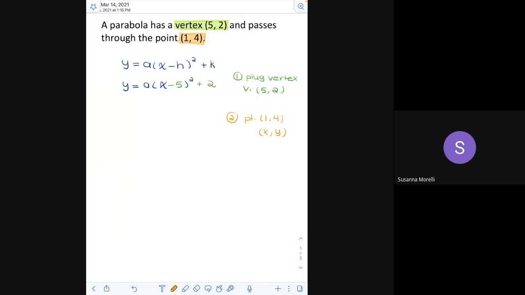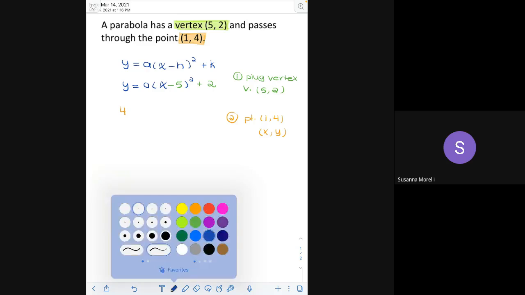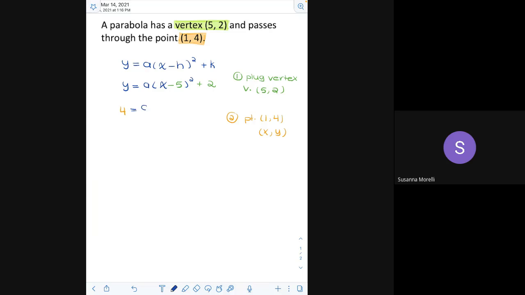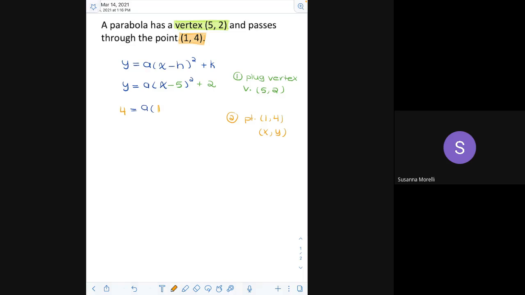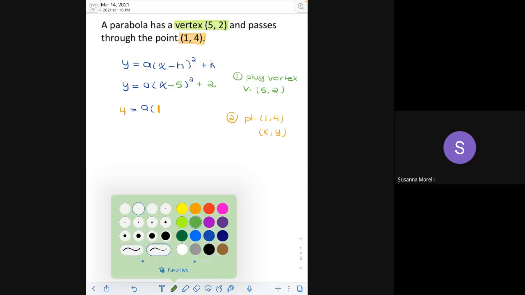So there's y, we plug in 4, and x, we plug in 1. Oops, used the wrong pencil, my vertex.